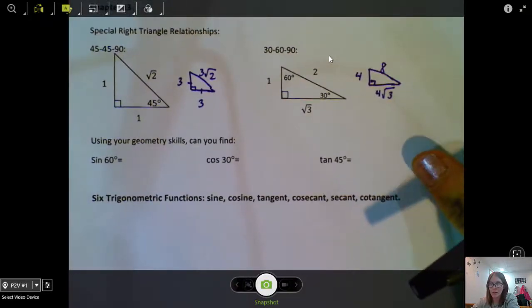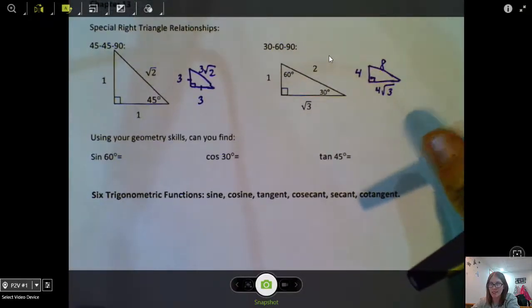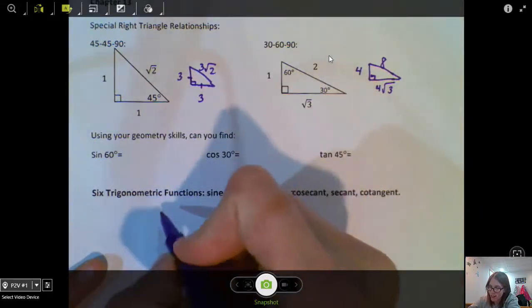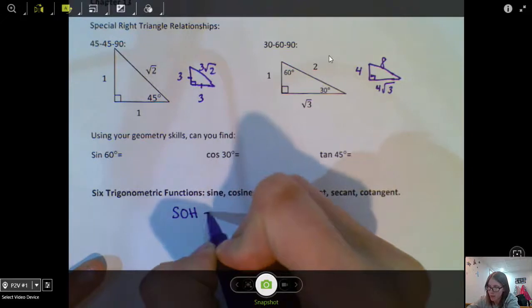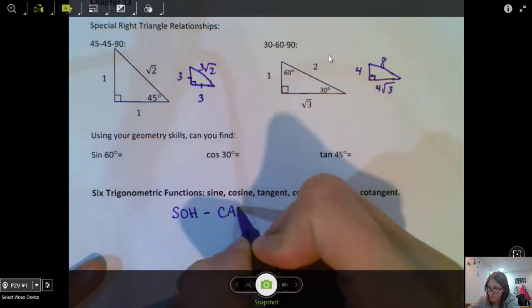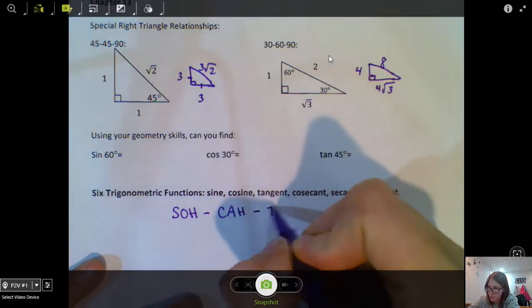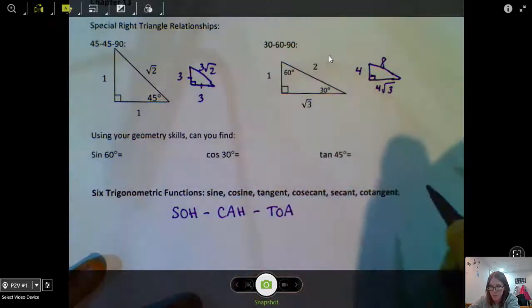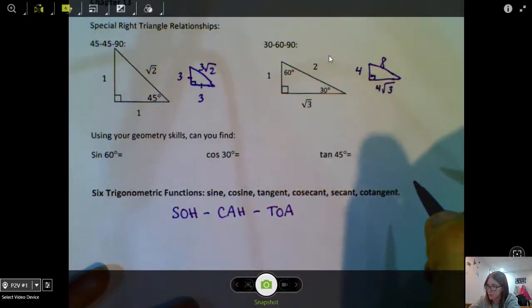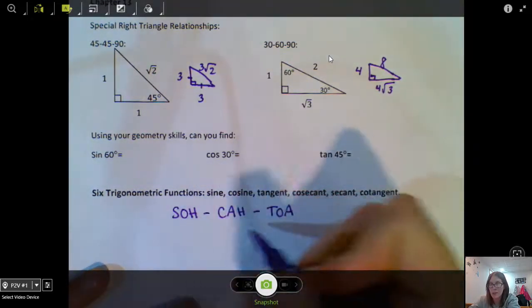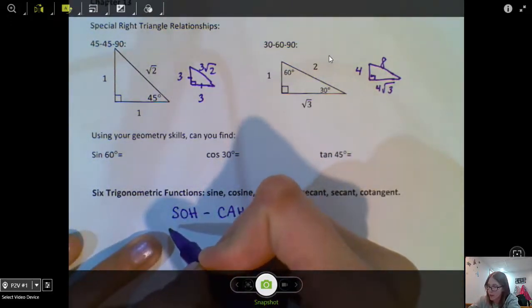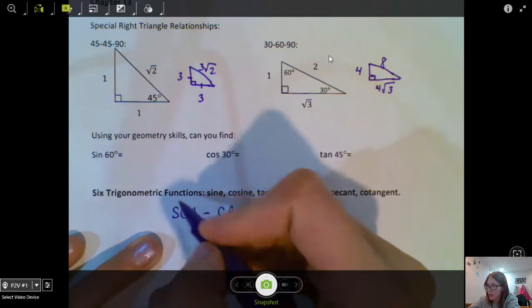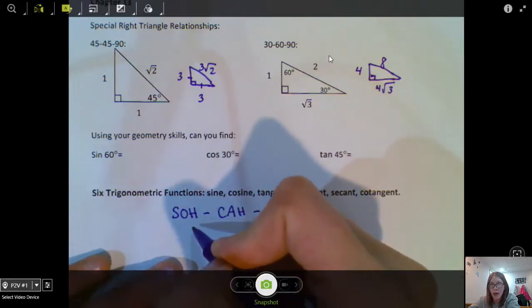Hopefully you remember from geometry this little acronym, SOH-CAH-TOA. If you remember SOH-CAH-TOA, this means that the sine of an angle equals the opposite over the hypotenuse.